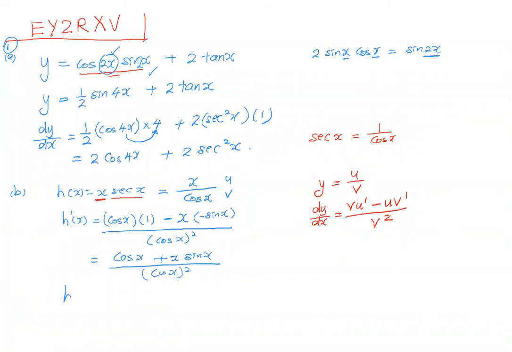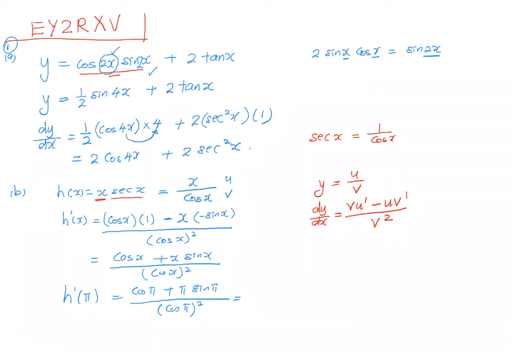So now you want h prime pi. So you substitute in the pi: cos pi plus pi sin pi over cos pi squared. What is the value of cos pi?